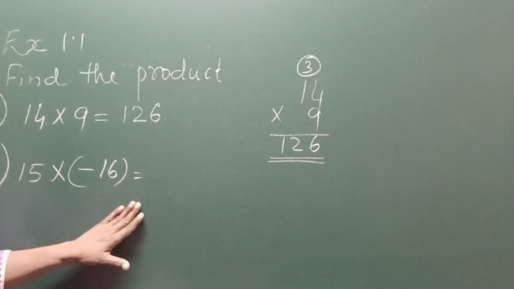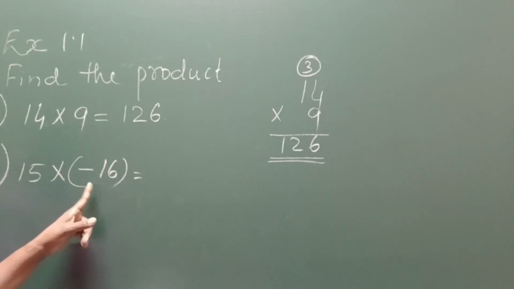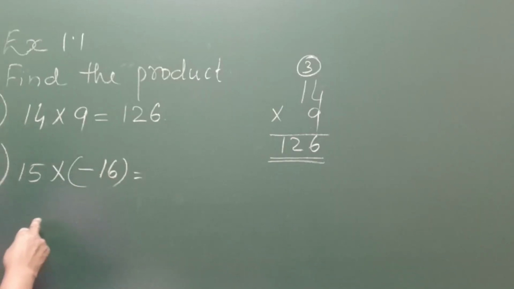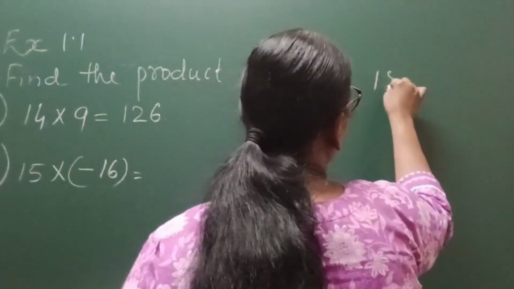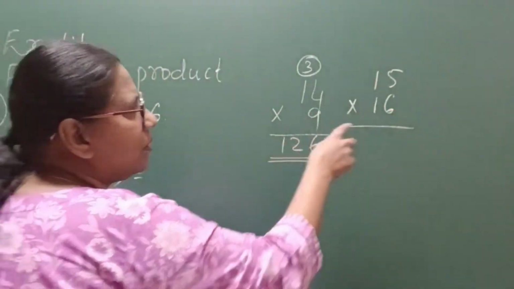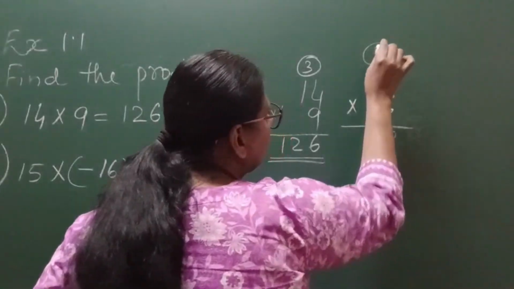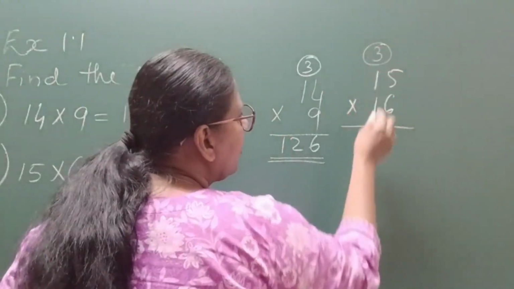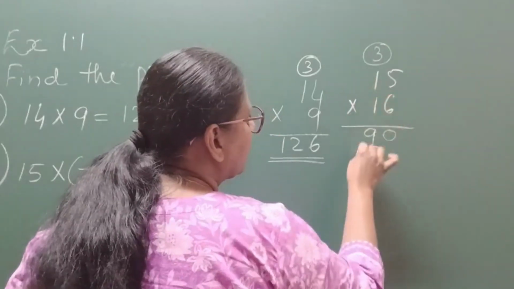So here we have to find the absolute value. The absolute value of minus 16 is just 16, without the sign. Then we do the multiplication, 15 into 16. 6 5s are 30, 3 balance. 6 1s are 6 plus 3, 9. 1 5 is 5, 1 1 is 1.